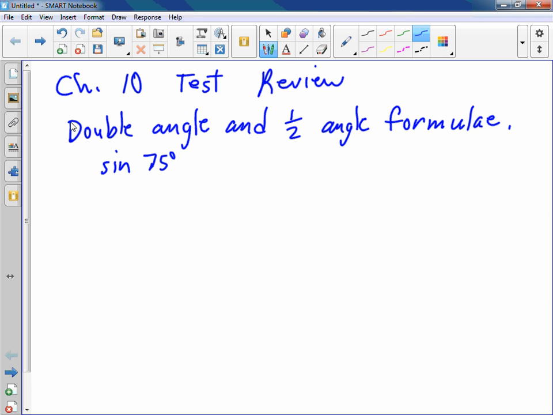How would you use that? If I were going to say find the sine of 75 degrees, I'll say without a calculator, or I'll say something like give simplest radical form, which forces you to not use a calculator.